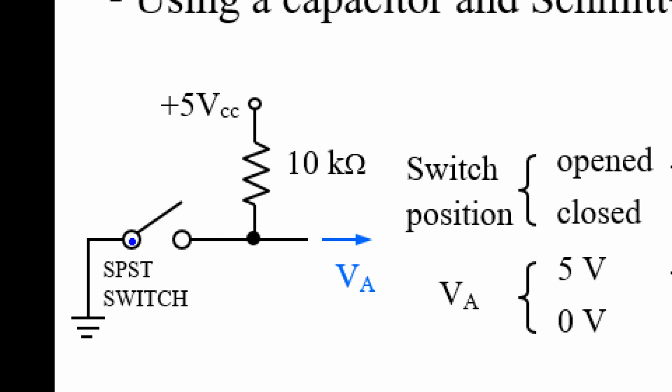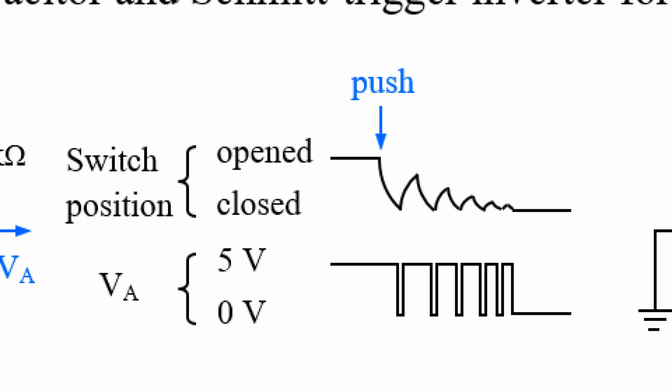So when it's touched, the voltage at the point is 0, right? But when it's separated, even by a very small distance, this point becomes 5. That means the result is something like this.